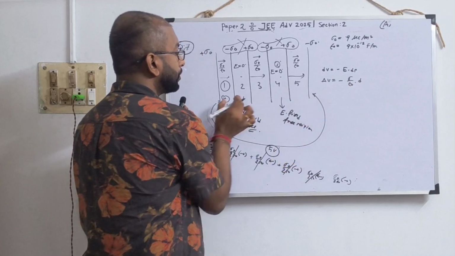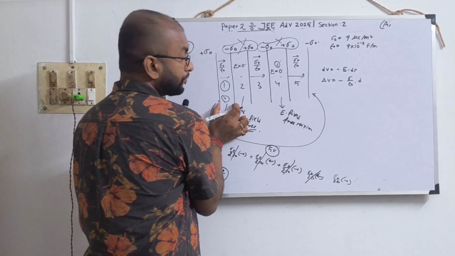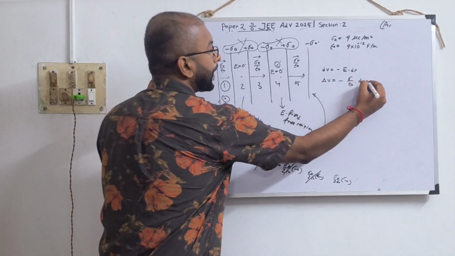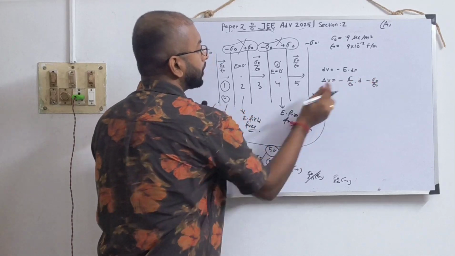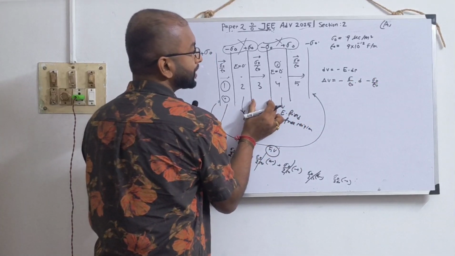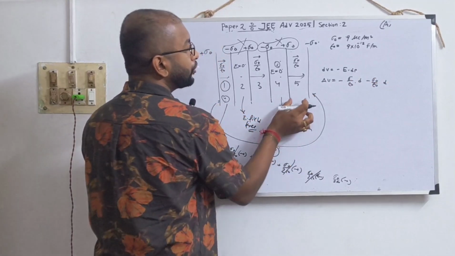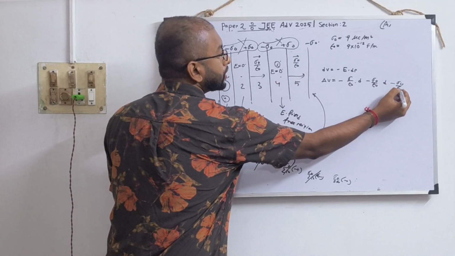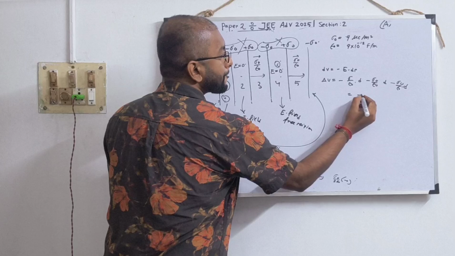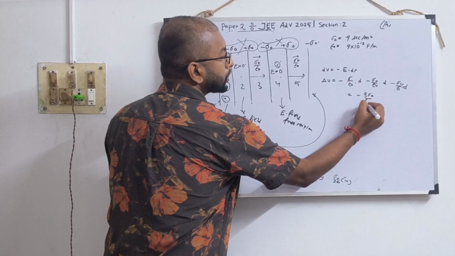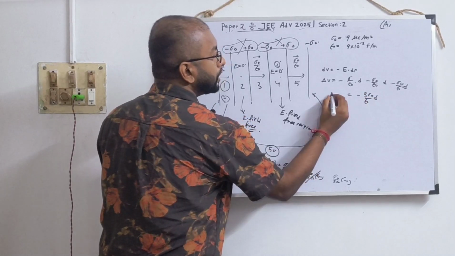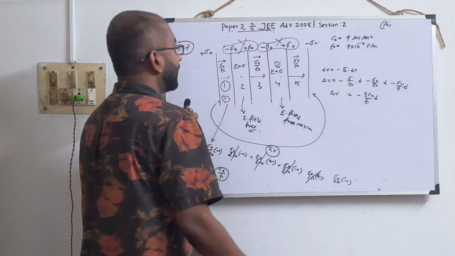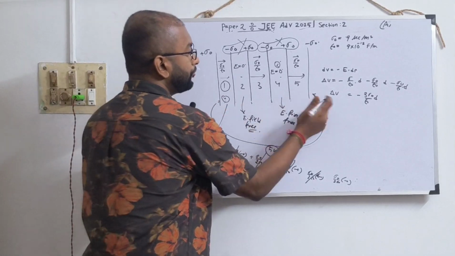D is the distance between two plates 1 and 2, first two plates d. Again sigma naught by epsilon naught into this distance, that is d, again into sigma naught by epsilon naught into this d. So it is becoming 3 sigma naught by epsilon naught into d, that is delta V, and delta V is V2 minus V1.